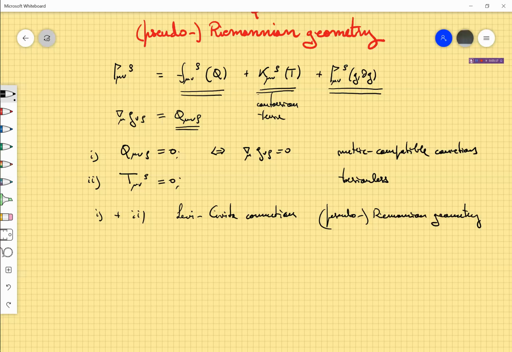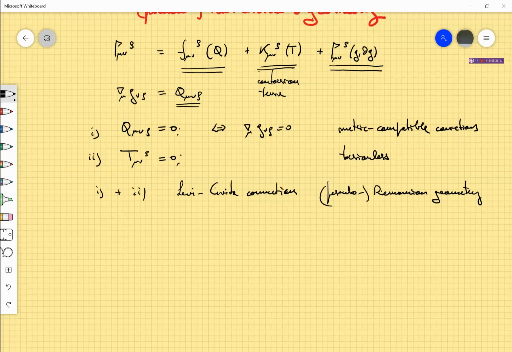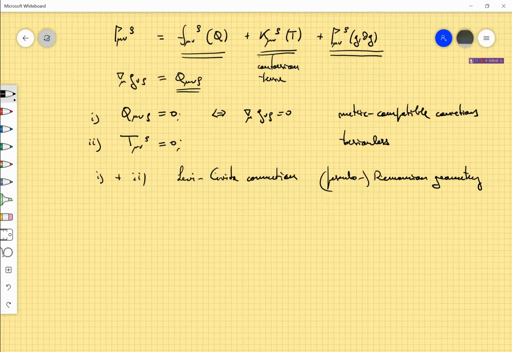So now what we are going to do is to prove that under these two requirements there is only one connection, and we are going to find the components of this connection for a given metric in some coordinate patch. Okay, so how do we do this? We are going to use this property that the connection is metric compatible, so this is 0.